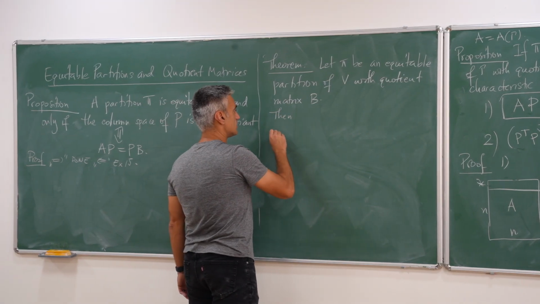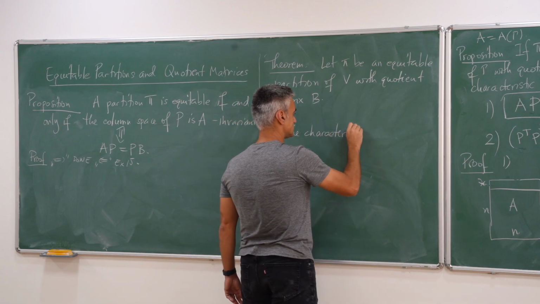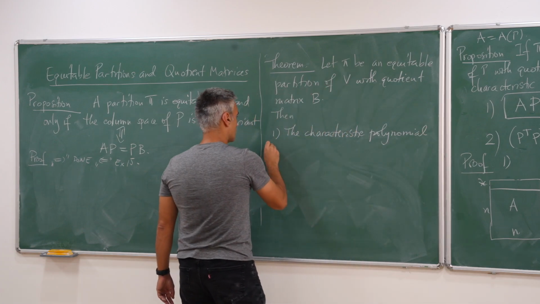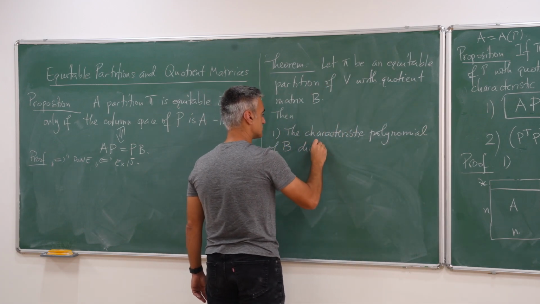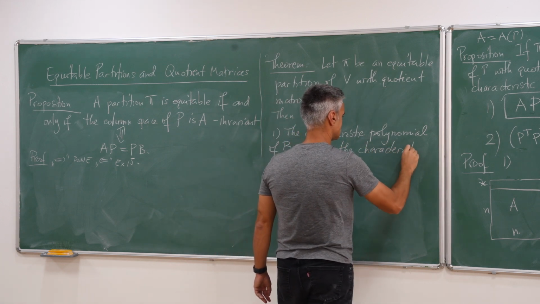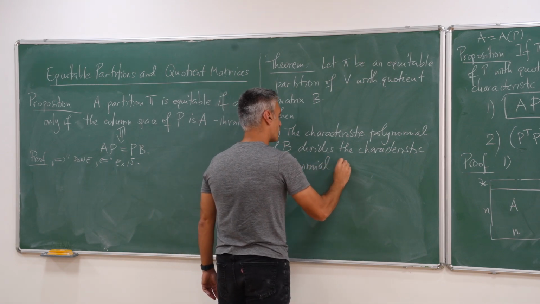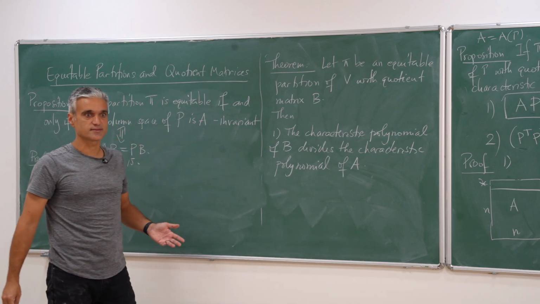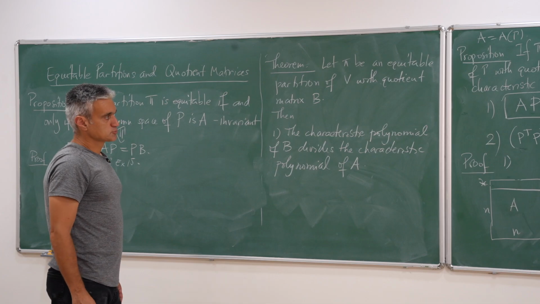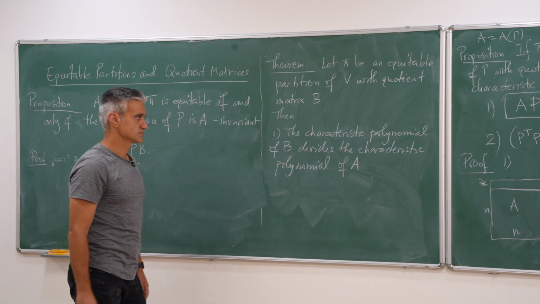Then 1, the characteristic polynomial of B divides the characteristic polynomial of A. So this will imply that B has real eigenvalues. You can kind of get it from here a little bit, but yeah.